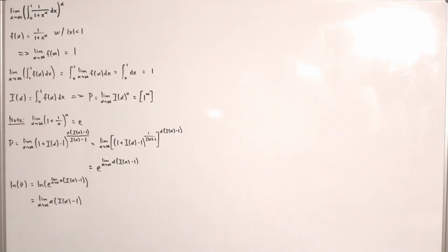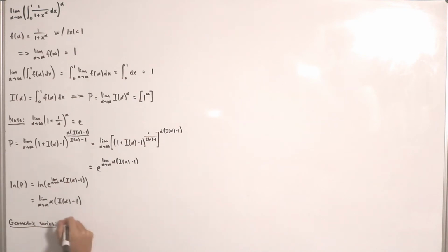Okay, now that we have that, the next thing we're going to be doing is we're going to use a tool. Specifically, we'll be using the geometric series. I think I got room here. The geometric series is defined as follows.